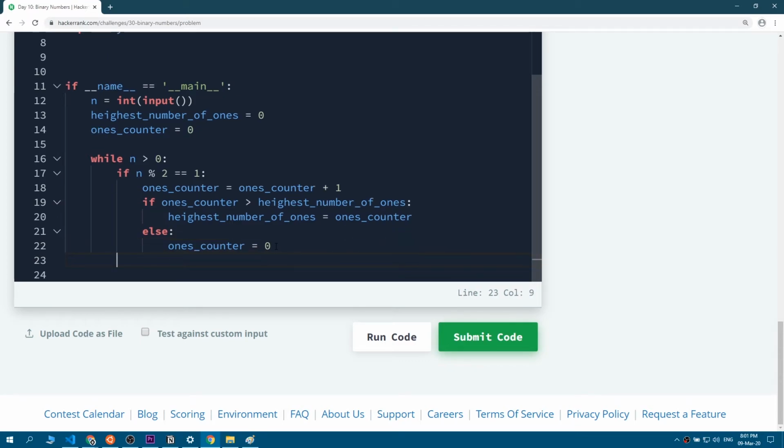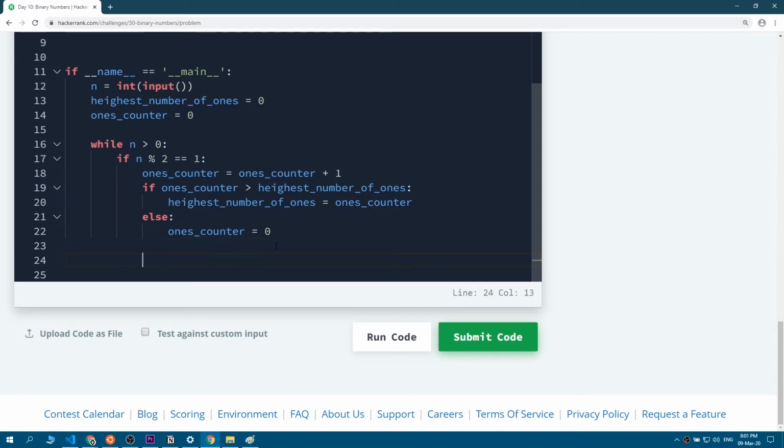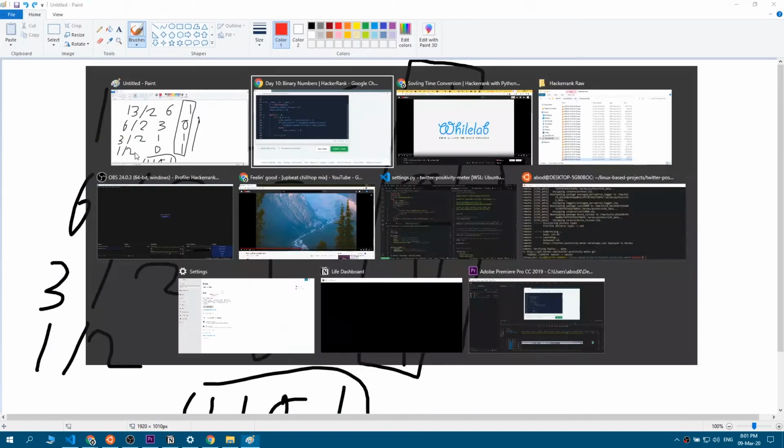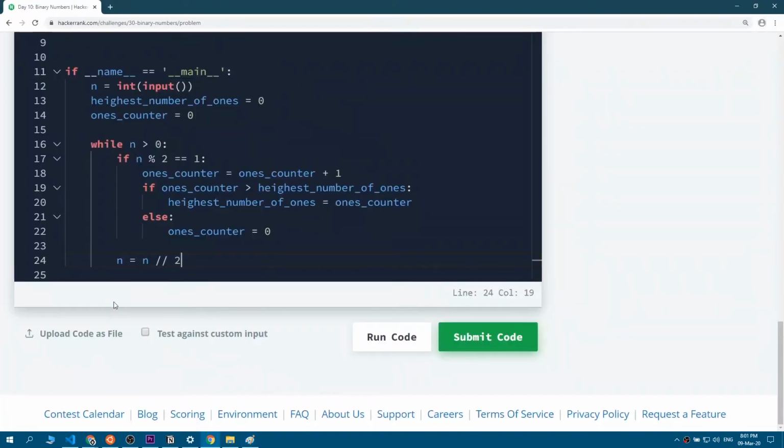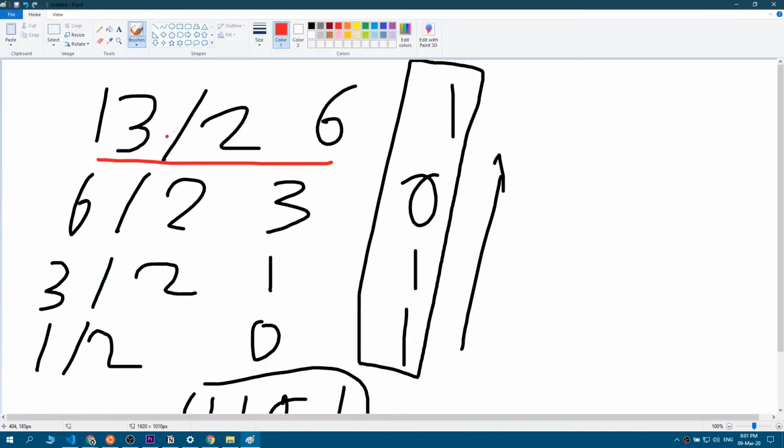So out of all of this, what we want to do is n would equal n floor divided by 2, which is basically what we are doing here. So first it would check, okay, this gives us 1, then it would divide it by 2, floor division, so we don't get any decimals.